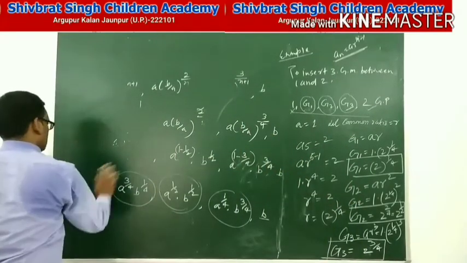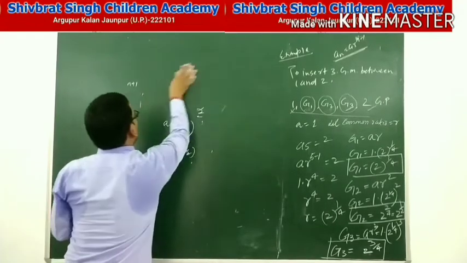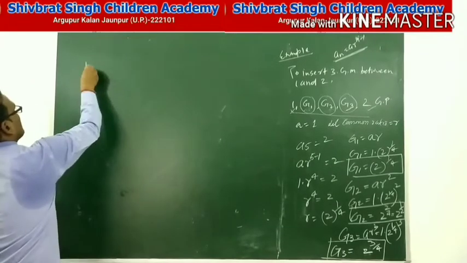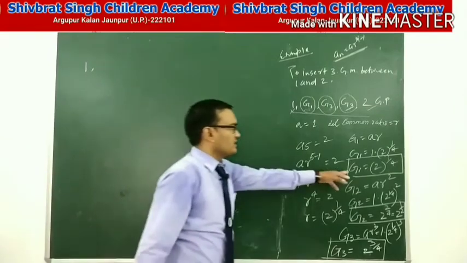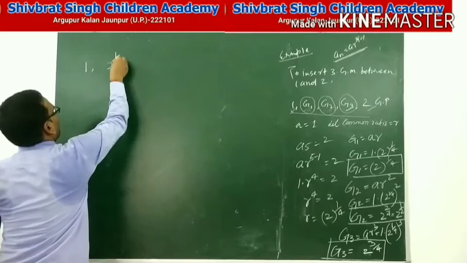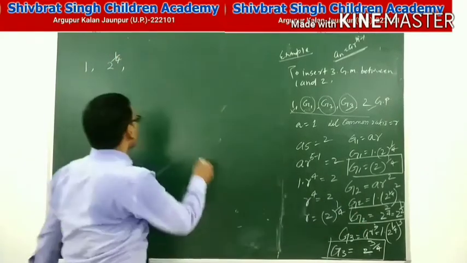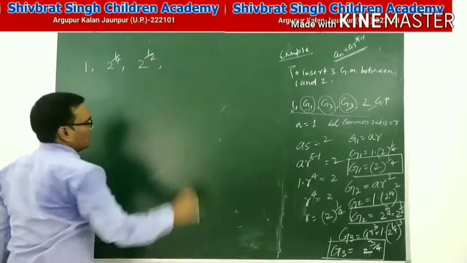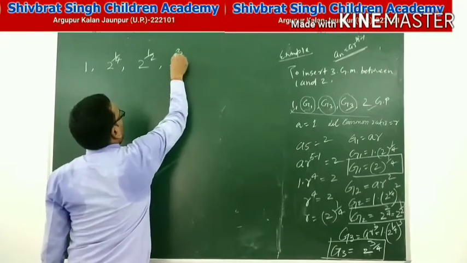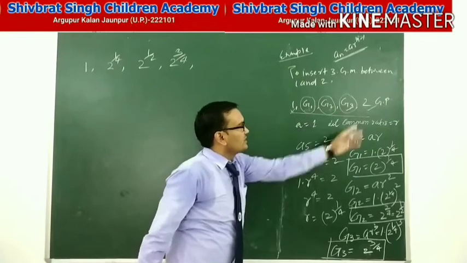We can write the three geometric means between 1 and 2 as: first G1 equal to 2 to the power 1 by 4, G2 equal to 2 to the power 1 by 2, G3 equal to 2 to the power 3 by 4, and the last term of this GP is 2.